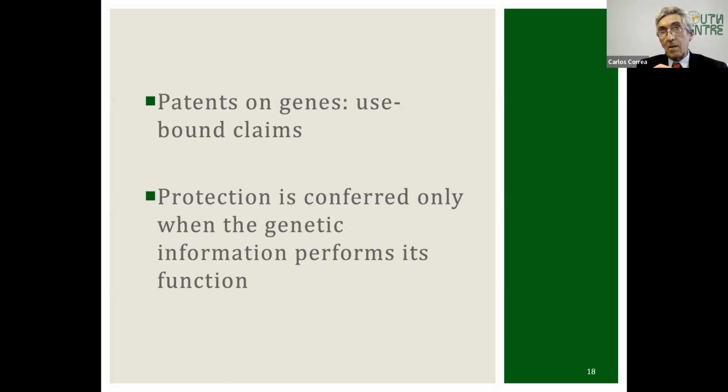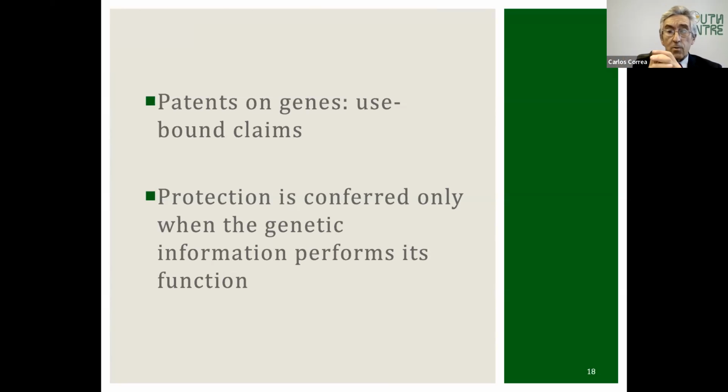So when a patent is applied in connection with a gene and a patent is granted, the protection is only given in relation to the function which is specifically described and not to other functions that will be unknown. And this is a significant step, which is not, as far as I know, for instance, a practice in developing countries, in which there may be also patents on genes.